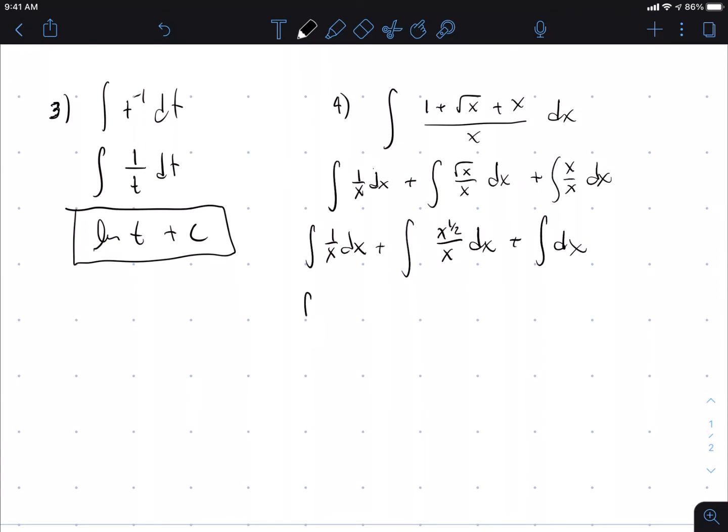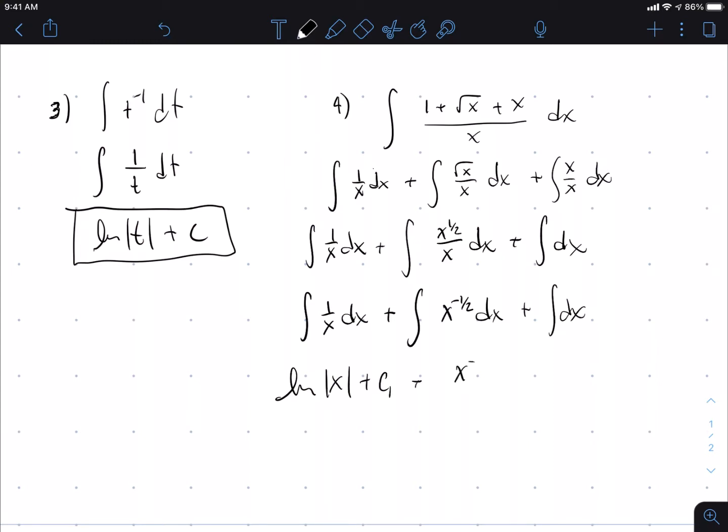I want to do one more step just to be super deliberate. This is going to become 1 over x to the 1/2 power, correct? But I'm going to write it as x to the negative 1/2 power because I want it in the numerator, okay? So we know this one now. It should be the absolute value. I should be disciplined.